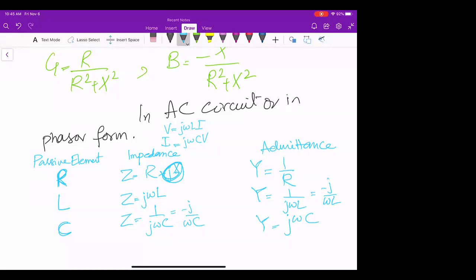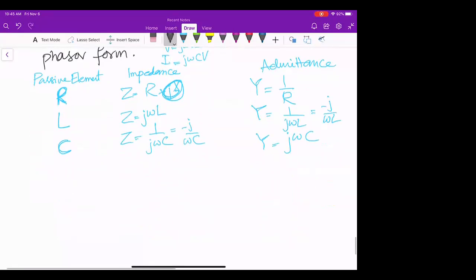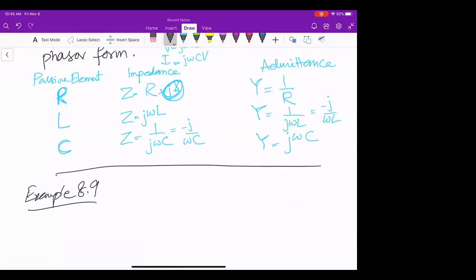Okay, so there is an example I want to do. That is example 8.9. I am spending a little bit of time on this chapter because I think this chapter is very important for all the basics of complex circuits like AC circuits.